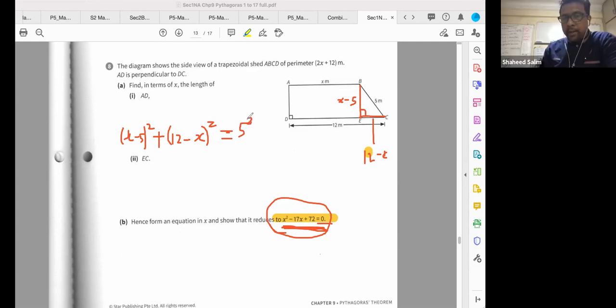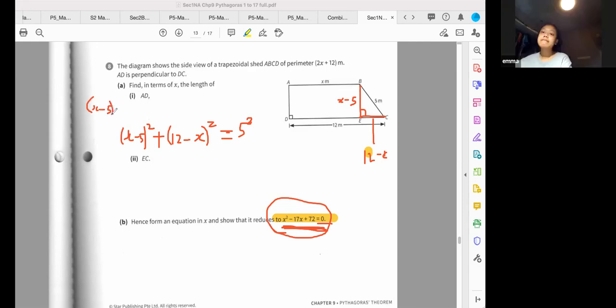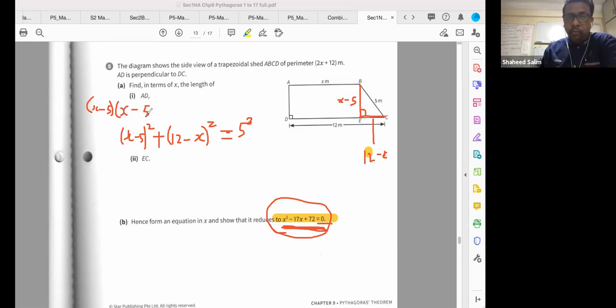So now we expand. When we expand this one, I will give you the Newton version, otherwise it will be a little bit too long. So x times x, you get x squared here. Then x times minus 5, minus 5 times x, minus 5x, so you get minus 10x.